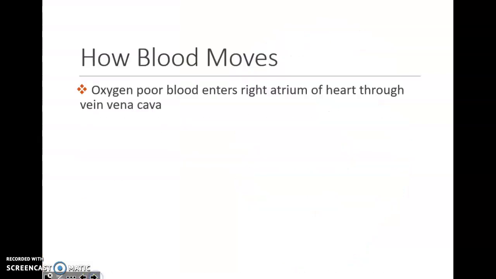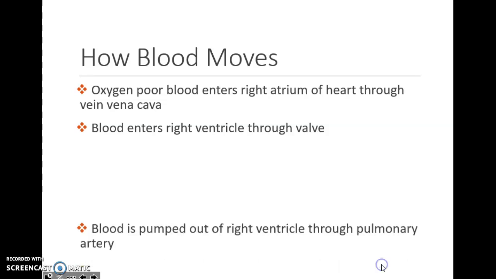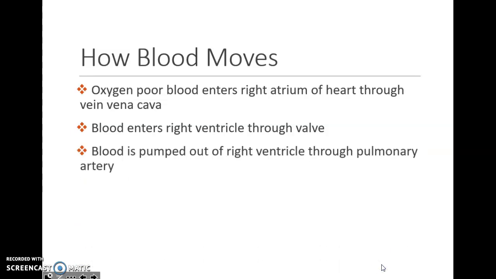Okay, so let's do that now step by step. So oxygen-poor blood enters the right atrium of the heart through the vein, the vena cava. So please write that down. The blood enters the right ventricle through a valve. The blood is pumped out of the right ventricle through the pulmonary artery.